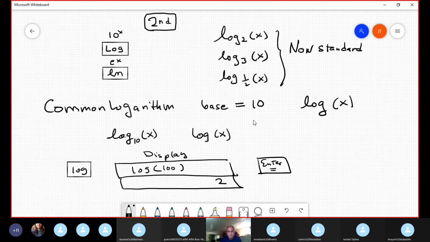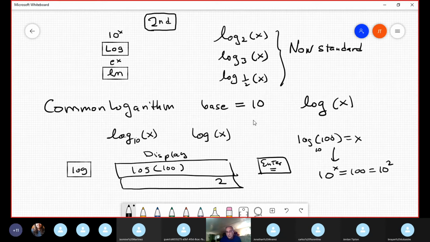And it's obvious: the logarithm base 10 of 100 is 2, because expressed as an exponential statement, the base is 10, the exponent is the thing I'm looking for, equal to 100, but 100 is 10 to the second power. Same base, so the exponent is the same. Okay, super.